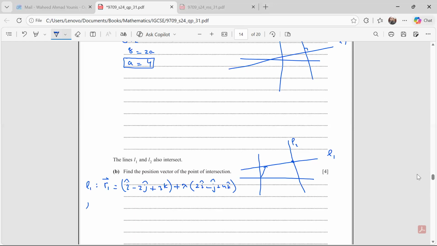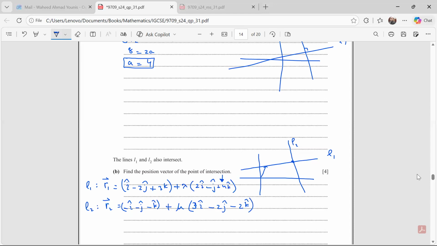In the same way, the second line L2 is given by the vector R2, and this is minus i minus j minus k plus mu times 3i minus 2j minus 2k. And remember, I used this 4, which I found in part A.